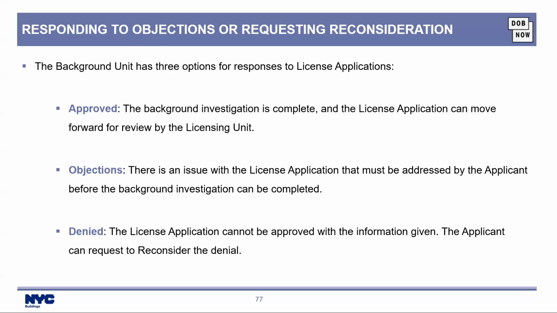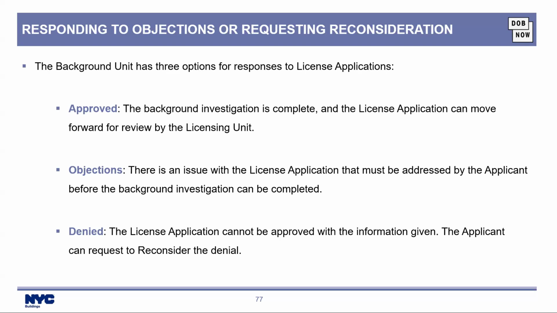Objections means that there is an issue with the license application that must be addressed by the applicant before the background investigation can be completed. This can be something small or something big, depending on what it is. And then the third option is denied, which means the license application cannot be approved with the information given.